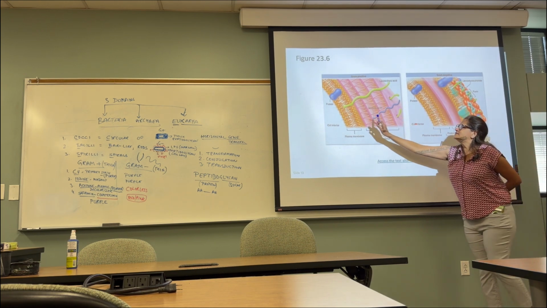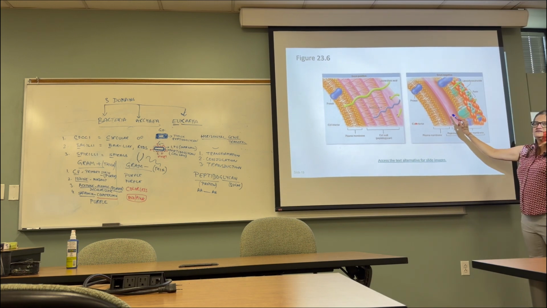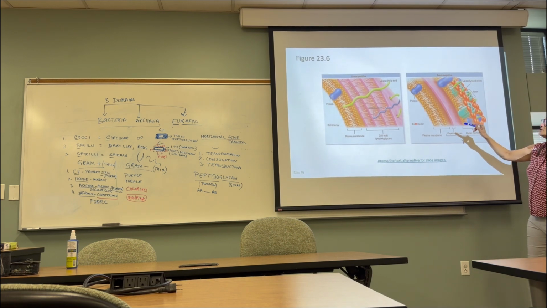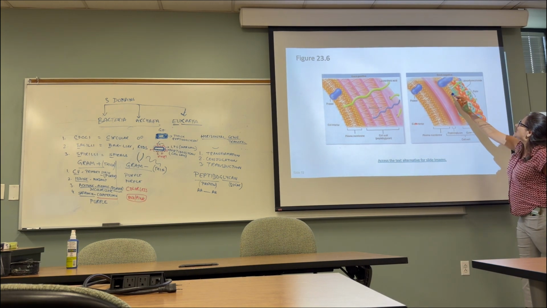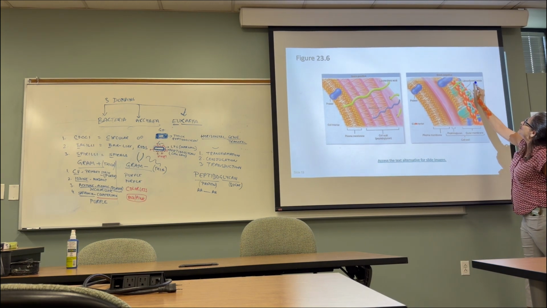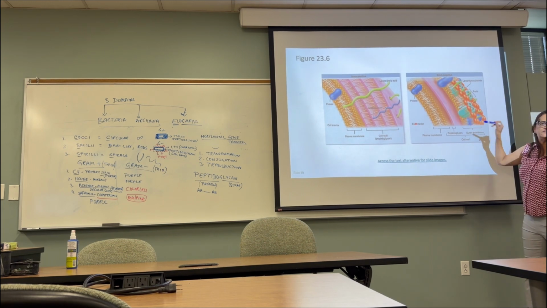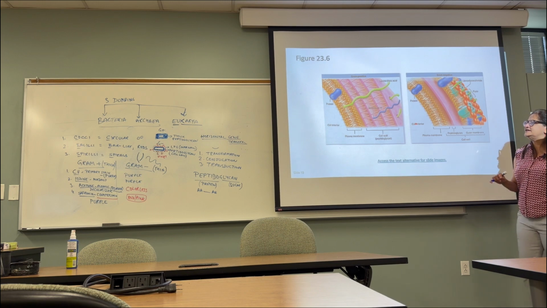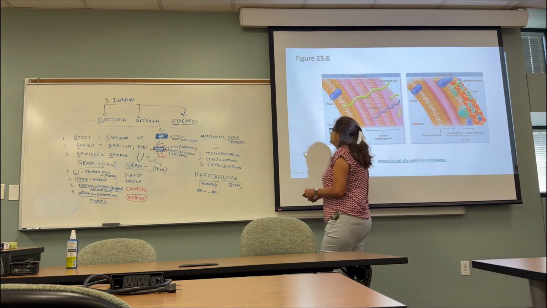From here to here, you have peptidoglycan, and this much, only this much. And also, there is no outer wall here, right? But here you have this lipopolysaccharide outer wall. So see, these are the differences as you can see under the microscope.